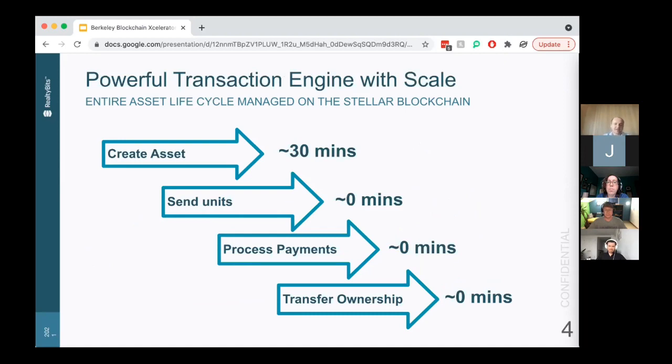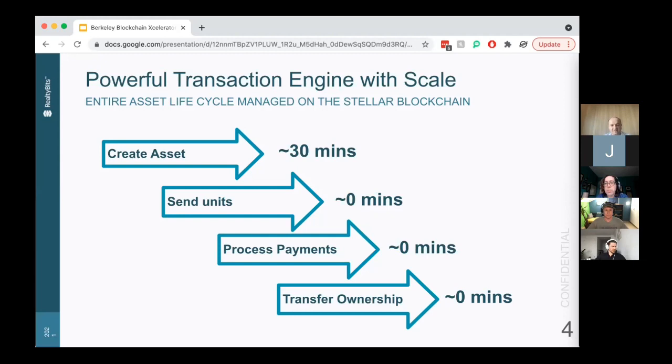So our main product description or offering is we like to describe it as a transaction engine for private offerings. Creation of the asset is, if you have all the documents ready for the fund, the recourse-based documents behind the offering, we can get it up and going in less than 30 minutes. Sending the units once the asset is tokenized, it's pretty much instant.